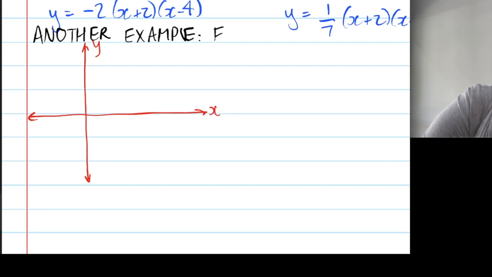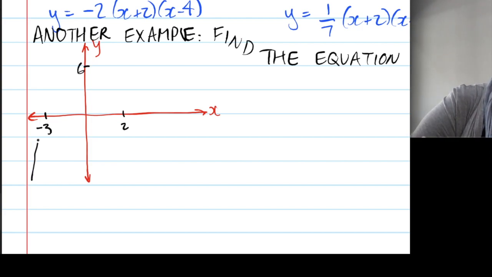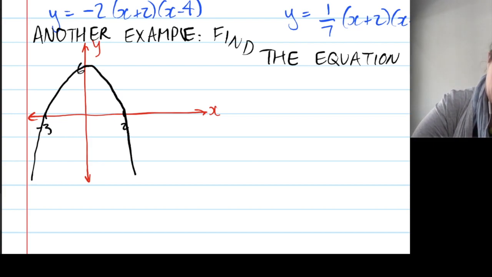Find the equation. And they're going to tell me maybe it goes through -3, +2, and its y-intercept is 6. So maybe it looks like that. And I've got to find the equation.